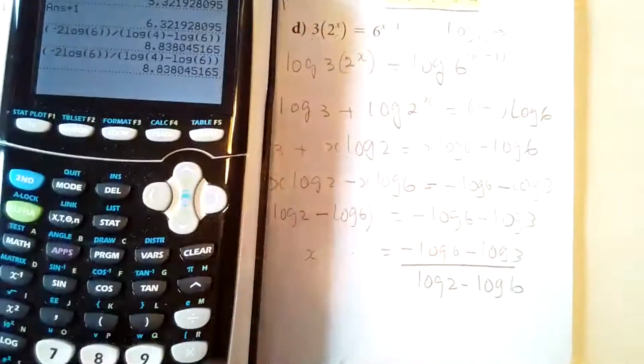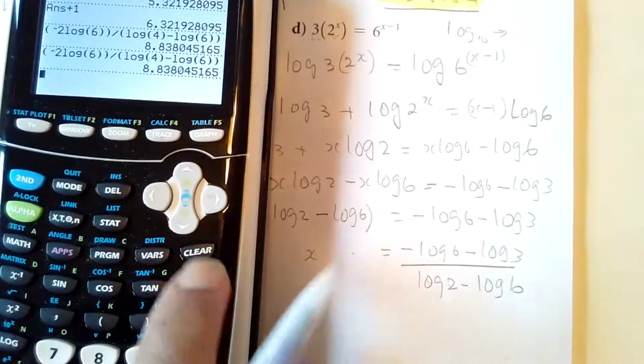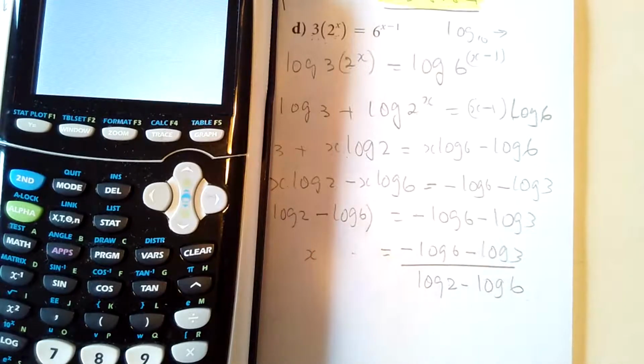And we go to our calculator here, and there's a lot of calculation going on. So open bracket, negative log 6 minus log 3, divided by open bracket, log 2 minus log 6.